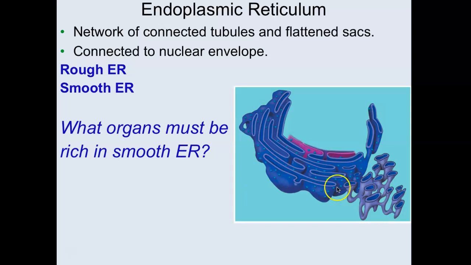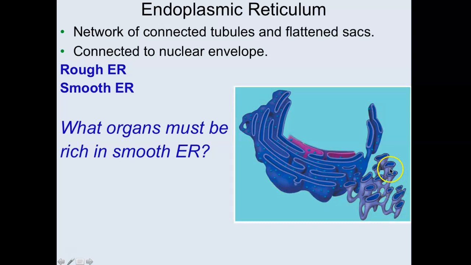What is smooth ER? So over here, we have a little bit of ER that's smooth. There's no ribosomes. So what's the job of smooth ER? It's to detoxify the cell and to make lipids like cholesterol and phospholipids. So this guy makes the lipid parts. This guy makes protein, okay? And also detoxify.